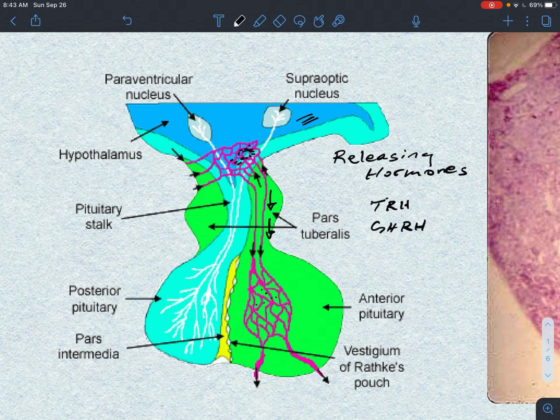pituitary responds to those releasing hormones and makes hormones in and of itself. So, for example, if we're talking about thyroid releasing hormone, then the anterior pituitary would make thyroid stimulating hormone. If we're talking about growth hormone releasing hormone, the anterior pituitary would make human growth hormone.